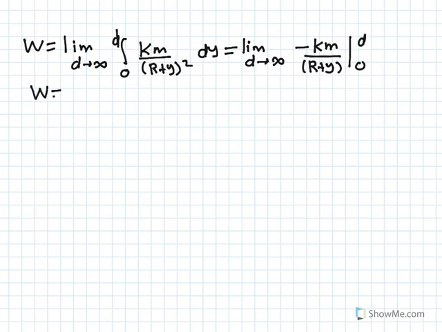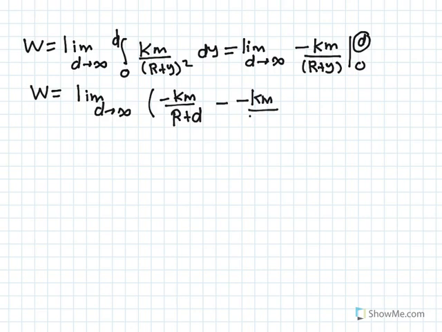Work is equal to the limit as d goes to infinity of minus Km. Applying the fundamental theorem of calculus, put the upper limit d into y, so we get R+d, minus Km/(R+0).